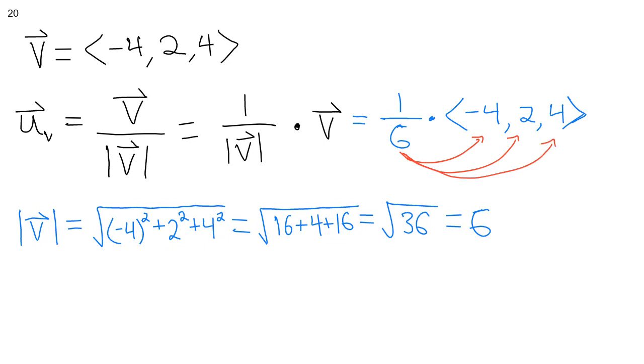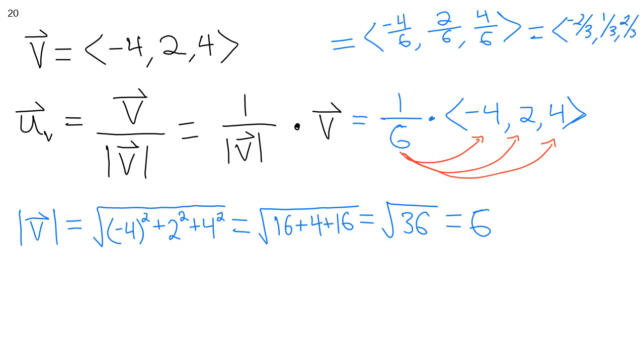You get negative 4 over 6, 2 over 6, and 4 over 6. If you want to simplify, negative 2/3, 1/3, 2/3.